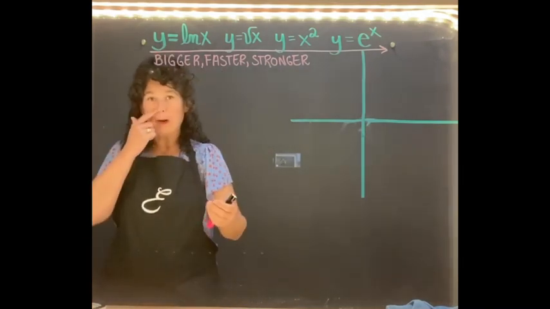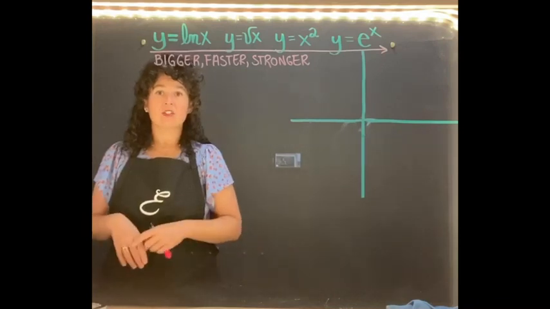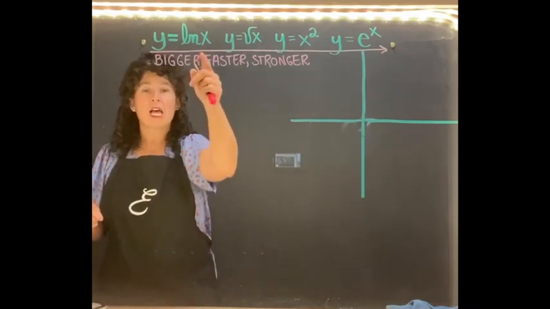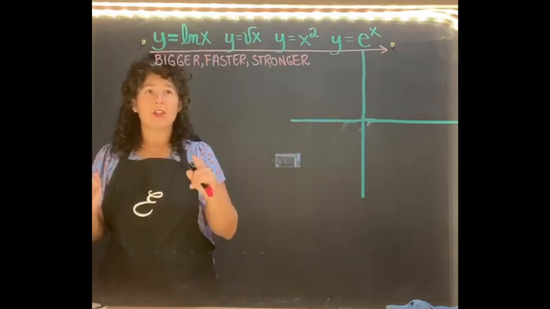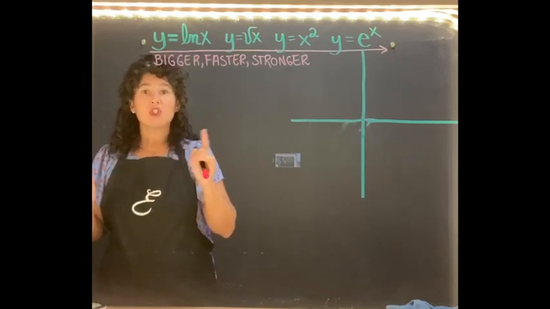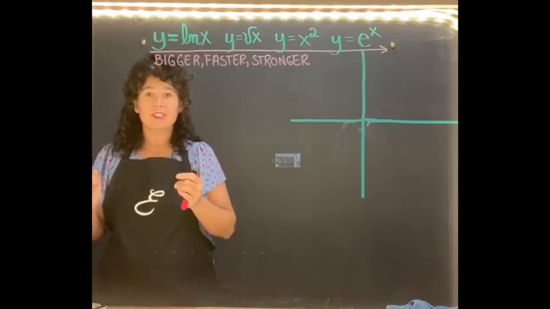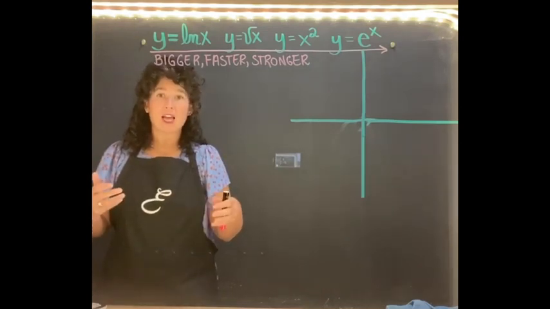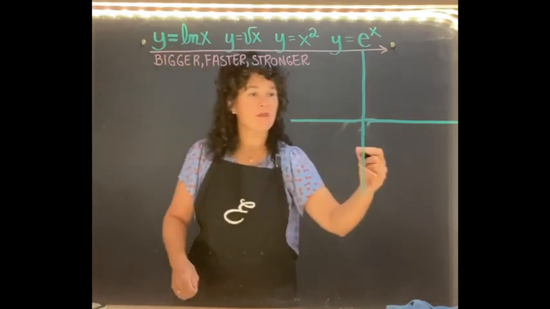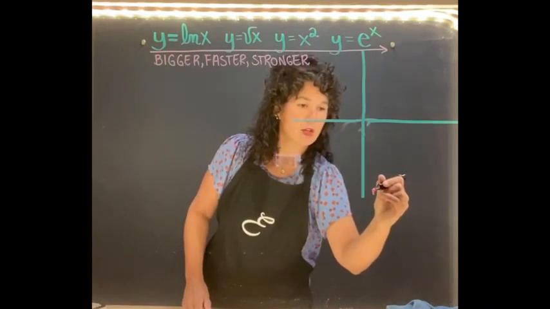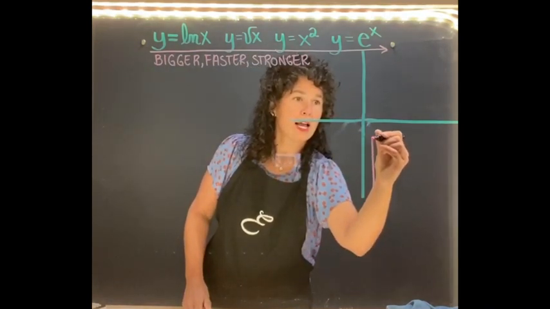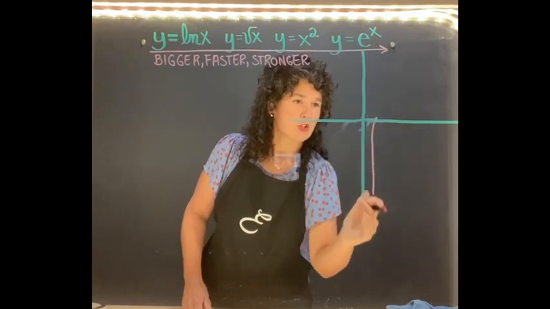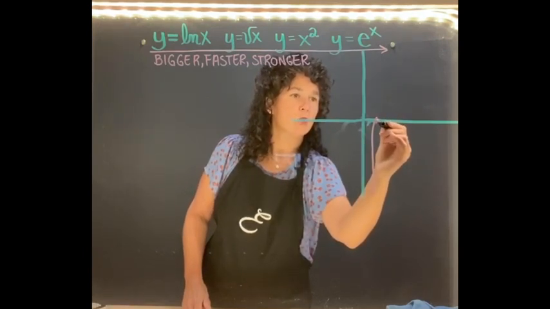Logarithms, whether it's y equals the natural log of x, which has a base of about 2.7, or log of x, which has a base of 10, or y equals the log base 15 of x, all logarithms have this basic shape. They get really close to the y-axis in this direction, and then they go through 1.